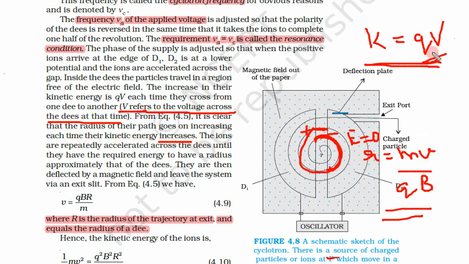So how can we say that? If kinetic energy is increasing, velocity will increase. This v will increase because kinetic energy is simply half mv squared.